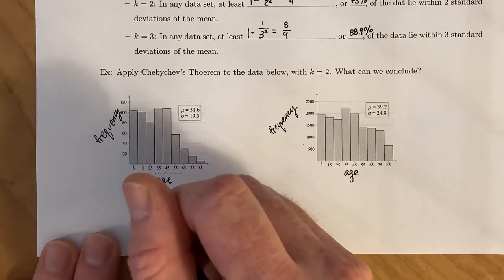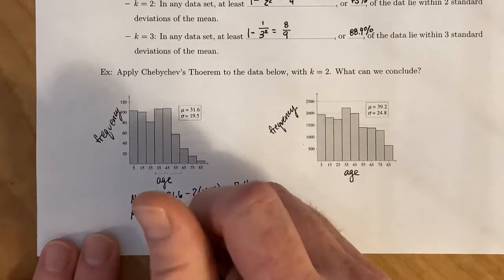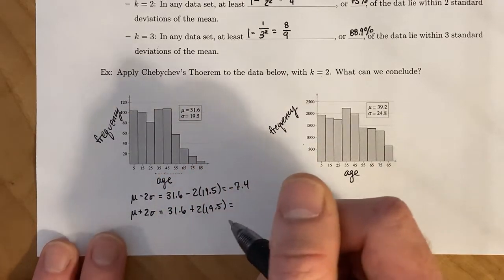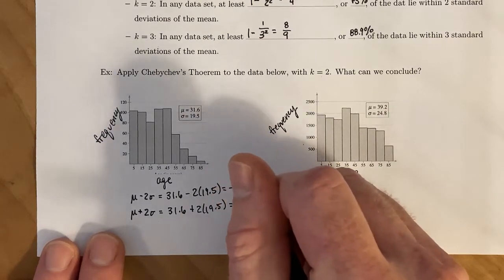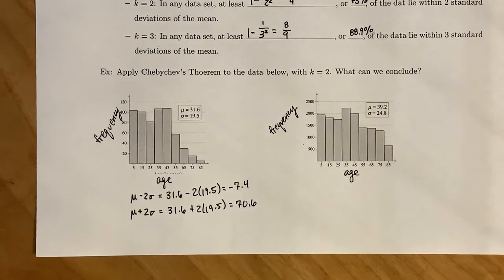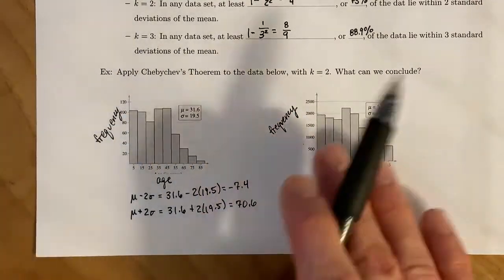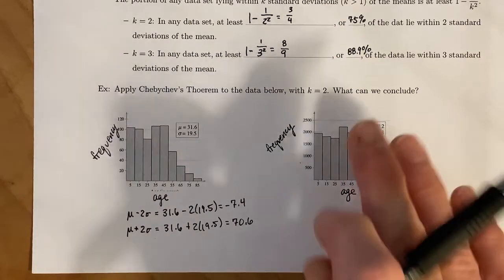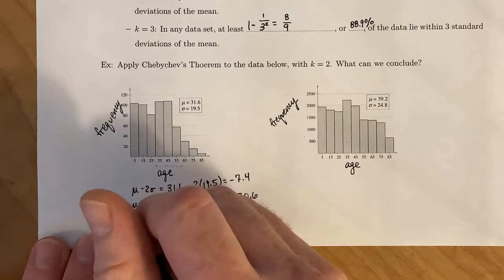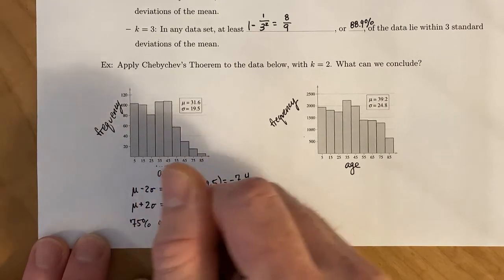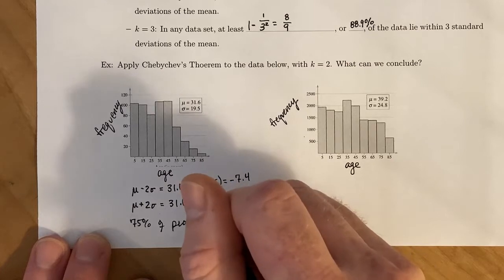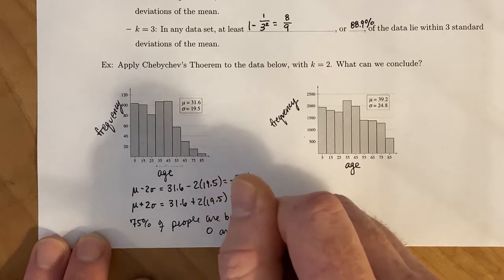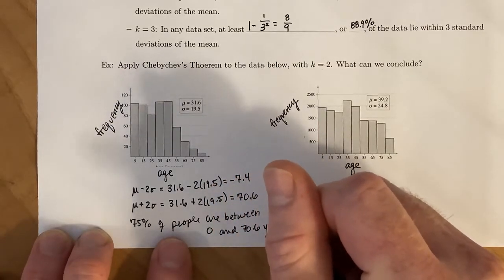And for mu plus 2 sigma, we have 31.6 plus 2 times 19.5, which is going to give us 70.6. And so if we apply Chebyshev's to this distribution, it says that about 75% of the people living in this city are between 0 and 70.6 years old.